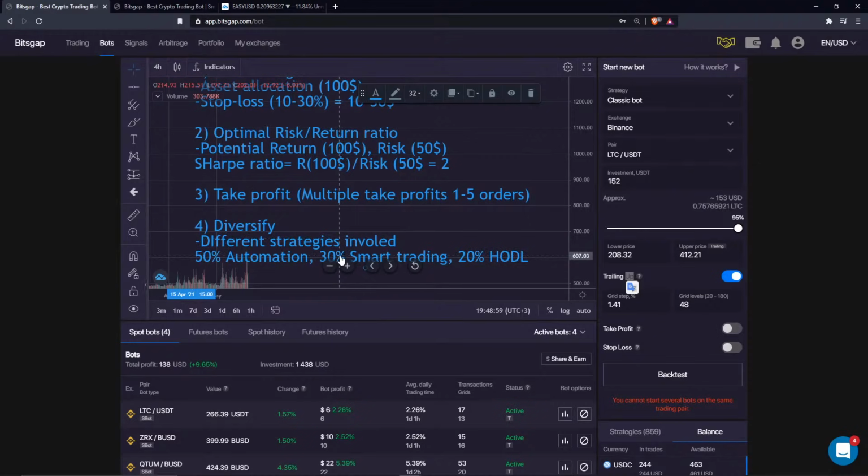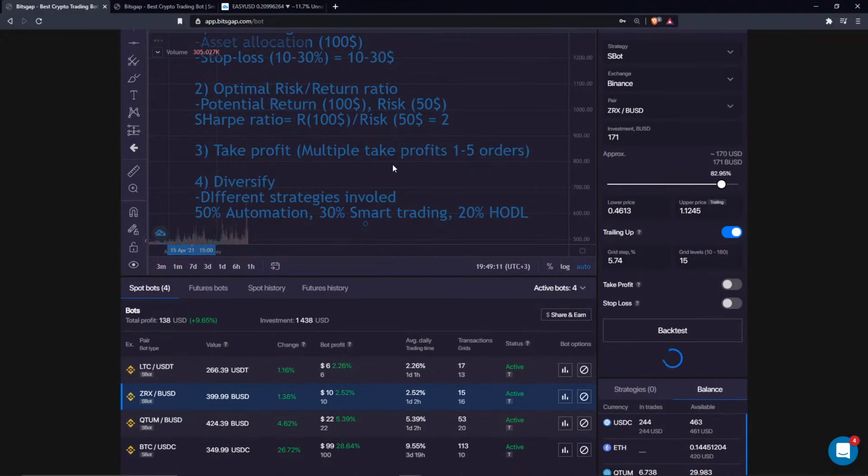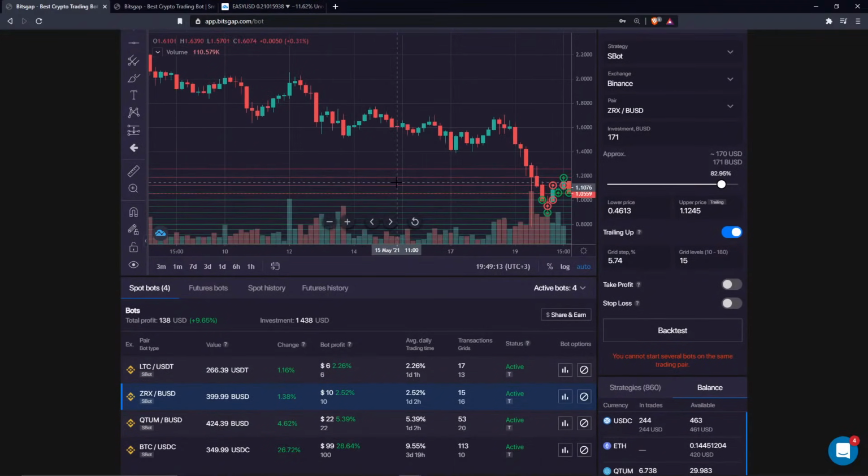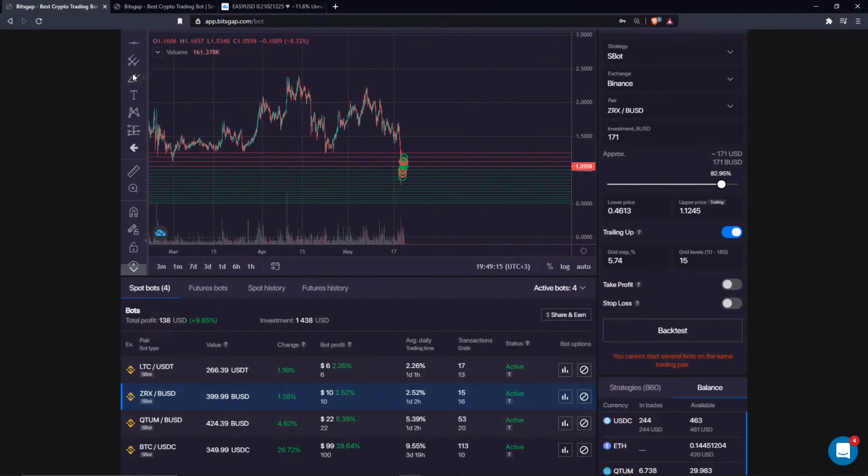In smart trade, your risk is under control. You have the stop loss, and that's why I allocate only 30%. Whereas 50% goes to automation, because in automation, once again, this is where I have the best risk control, because not only do I have this feature as a result of the algorithm that it can achieve me the dollar cost averaging effect if the price falls.